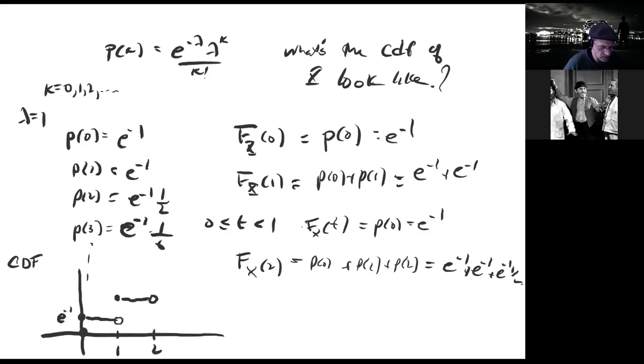And then at 2, it jumps again, gets bigger, and so on. Then you get to 3, it jumps again. And the point is that this is called a step function in this case. So that's what the CDF looks like, and typically, a CDF will look like a step function for a discrete random variable.